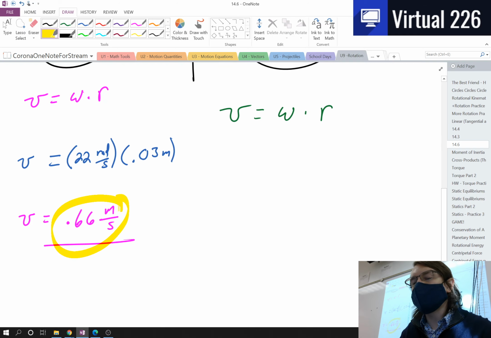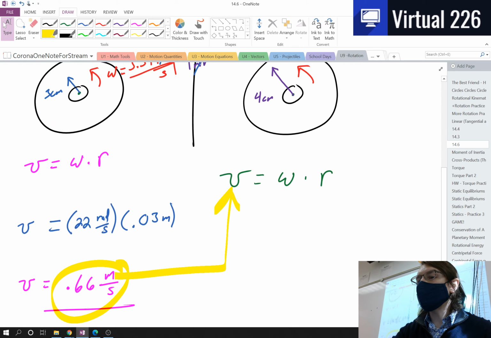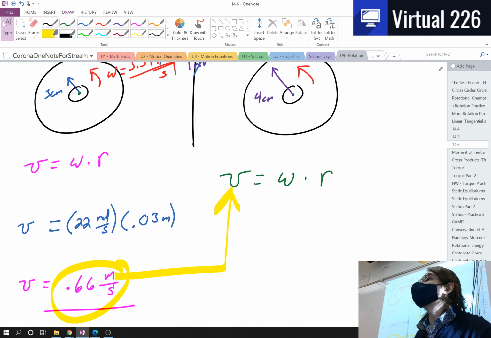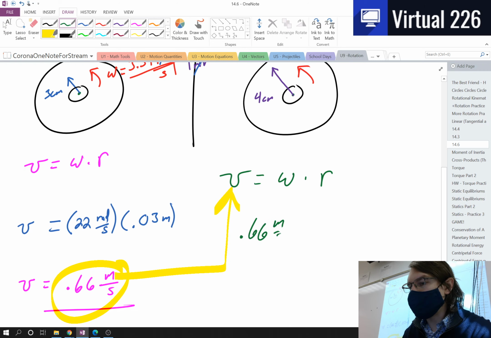So we'll bring our 0.66, which we just found, and we'll tuck it in. We also happen to know what the new r value, that new radial distance value is. It's 4 centimeters, or 0.04. So when we write this over here, we're going to have 0.66 meters per second equals omega times 0.04 meters.